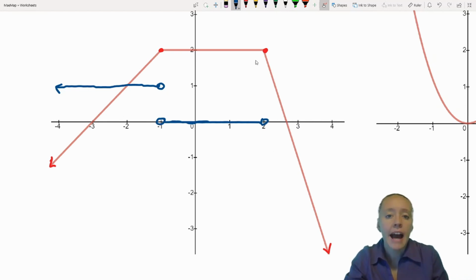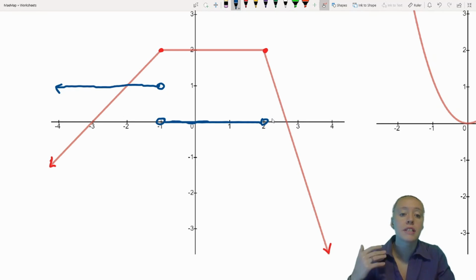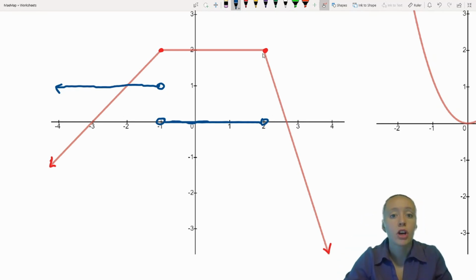And then lastly, after that, at x equals 2, our function changes, and now our function is decreasing. So what kind of slopes do we have if our function is decreasing? That's negative slopes. And because it's linear, our slope is going to always be the same. So we just have to figure out the slope of this line and then graph that constant derivative. Let's take a look at this.